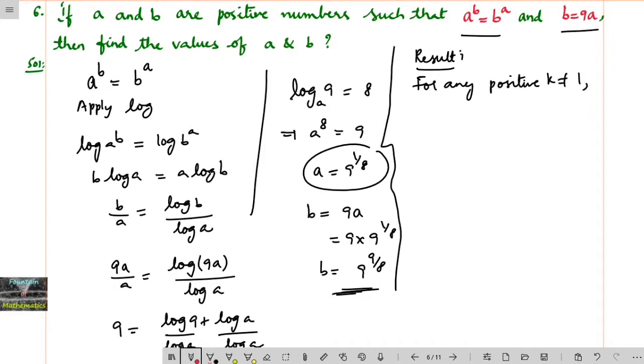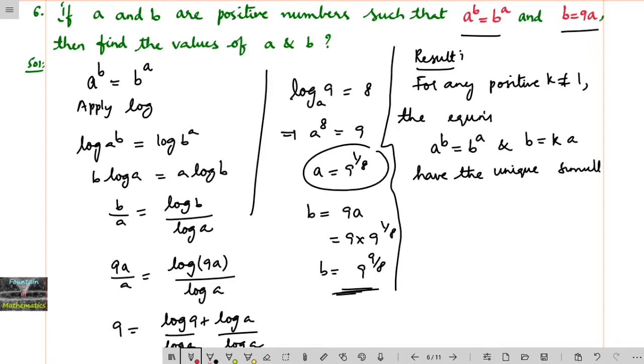For any positive k not equal to 1, the equations a power b is equal to b power a and b is equal to ka have the unique simultaneous solution, that is, the ordered pair (a, b) is equal to k to the power of 1 by k minus 1 comma k to the power of k by k minus 1.